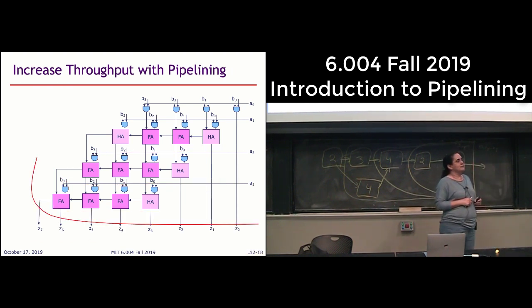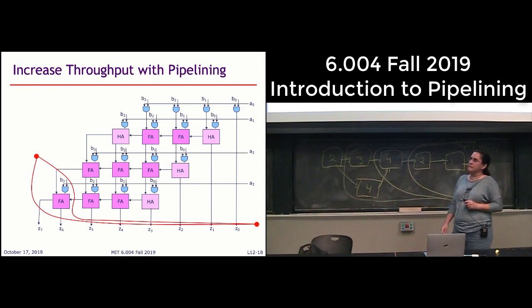We're going to start out with a contour that goes through all of our outputs, but now we're going to draw our contours a little differently so that we try to have at most 1 full adder between every pair of registers. So what would that look like? So I start here and I draw this additional contour that isolates this last full adder.